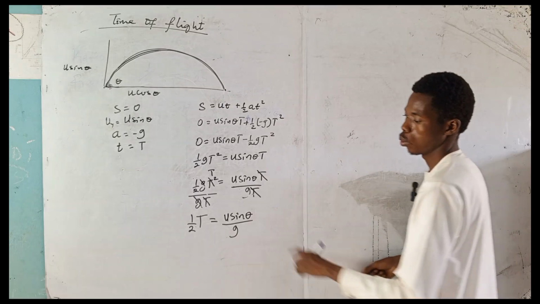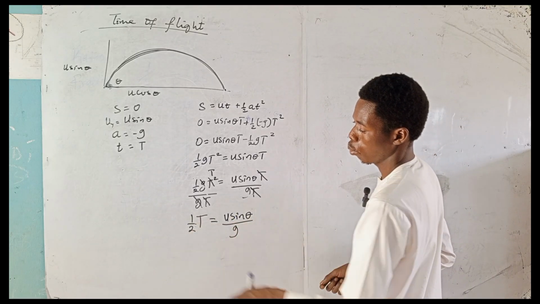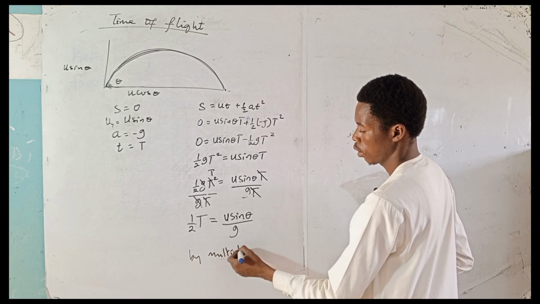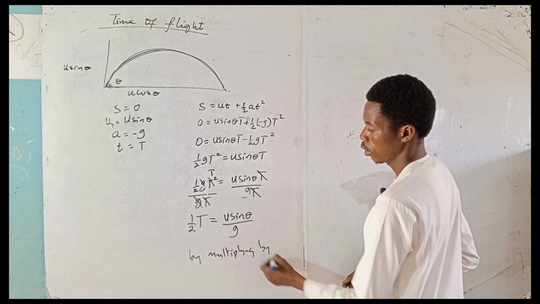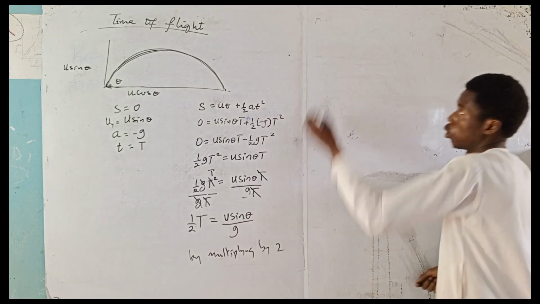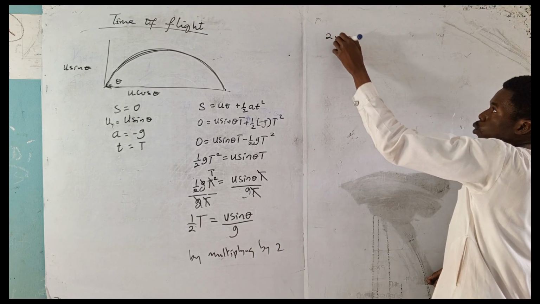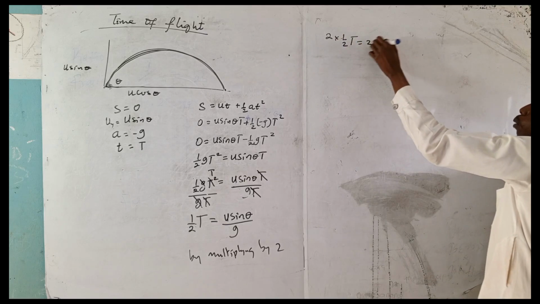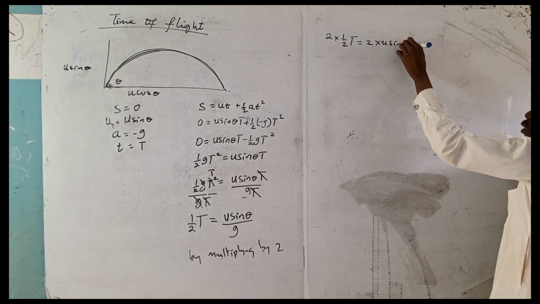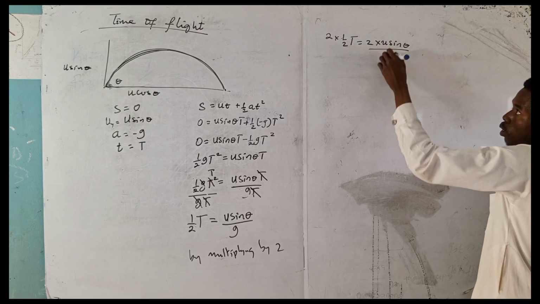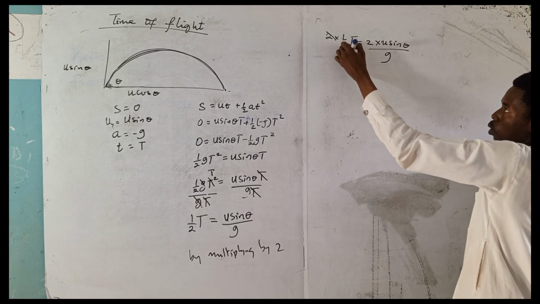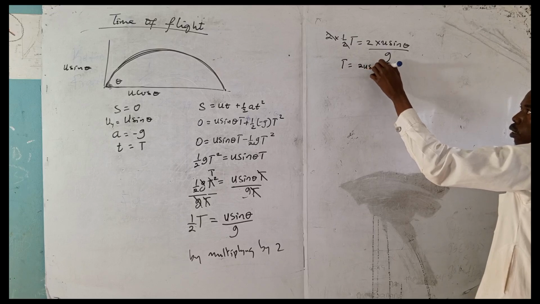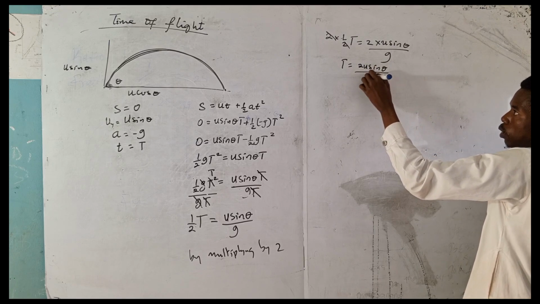And now we will go ahead and cancel this 1 over 2 by multiplying both sides by 2. 2 multiplied by 1 over 2 t equals 2 multiplied by u sine theta divided by g, so that 2 cancels 2, we will have t equals 2u sine theta divided by g.